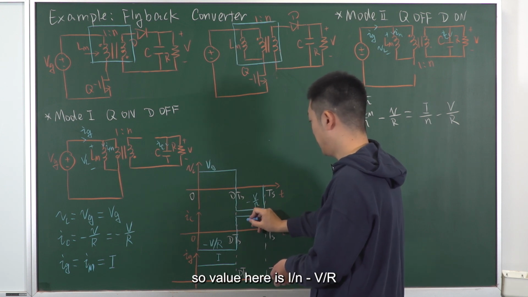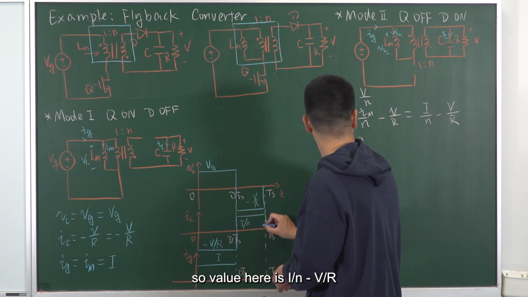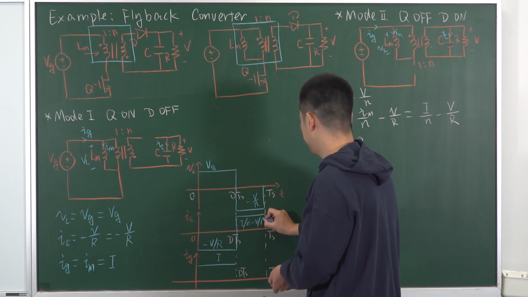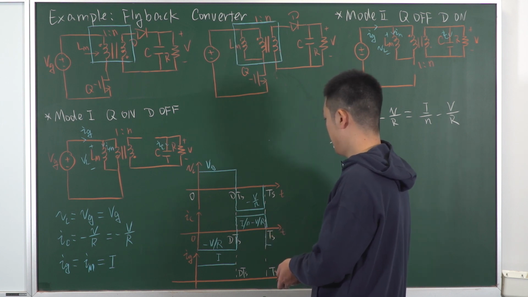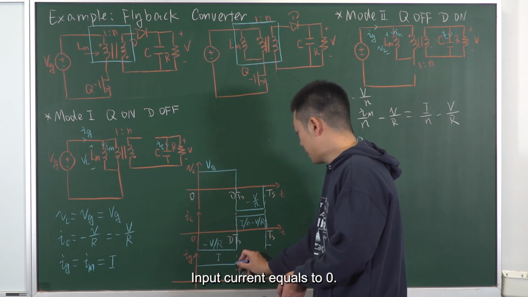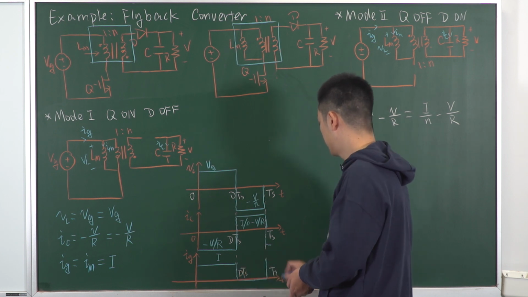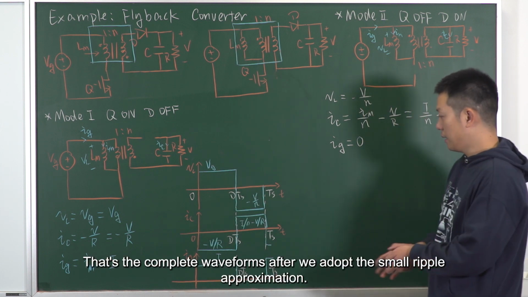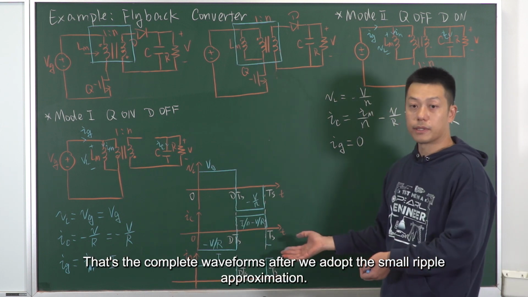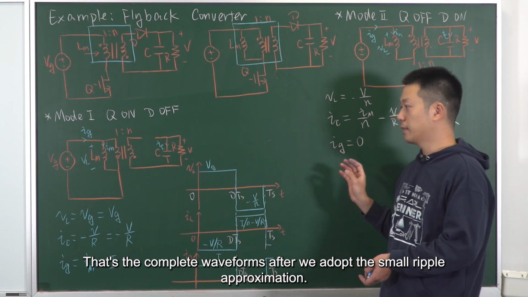The value here is I over N minus V over R. The input current equals 0. That's the complete waveforms after we adopt the small ripple approximation.